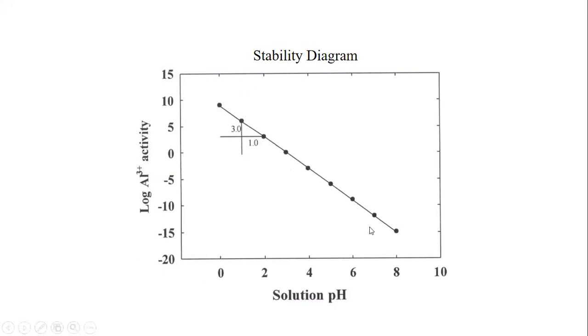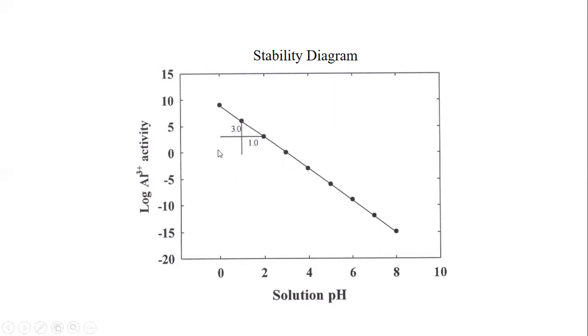Now, if I get a sample and measure the pH of it, say pH 6, immediately you go up and find the activity of aluminum in that solution.